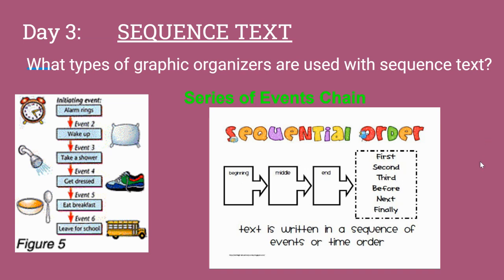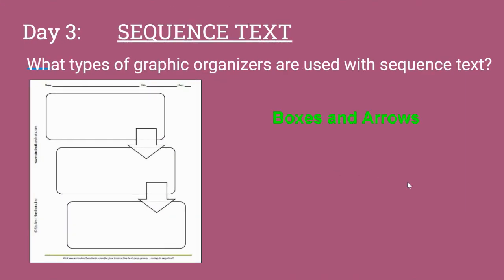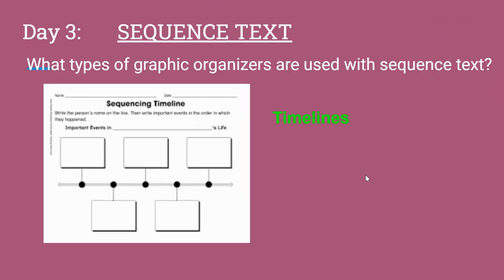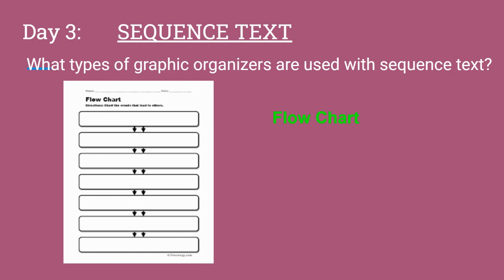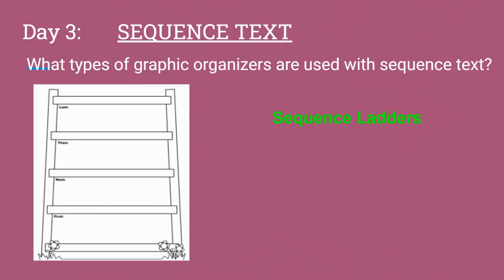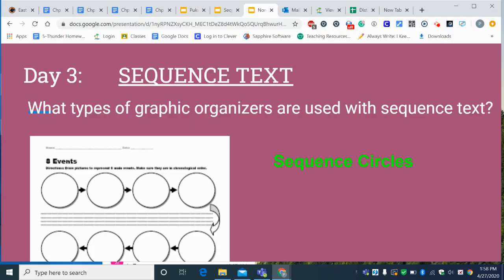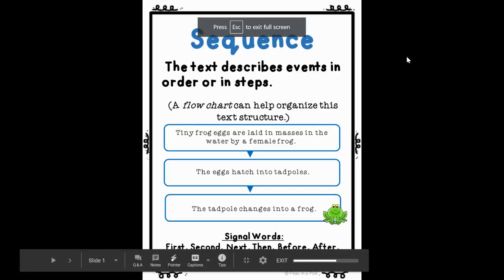Would it be an events chain, boxes and arrows, a timeline, a flow chart, sequence ladders, or sequence circles? Those are examples of graphic organizers. Which one would you use?